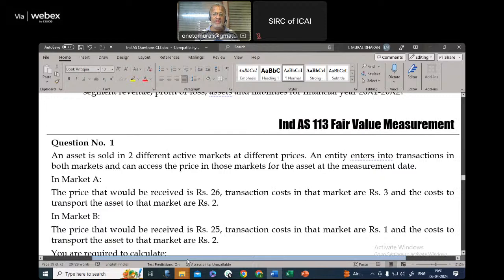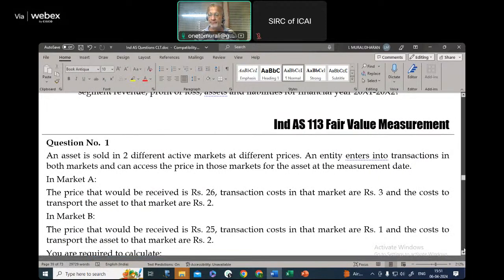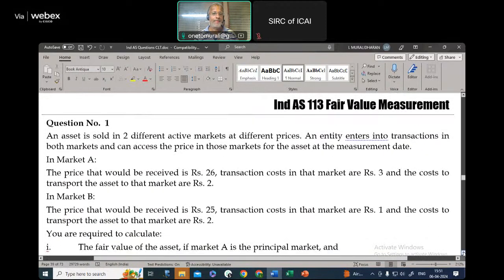IFRS 113 fair value measurement, question number 1. An asset is sold in two different active markets at different prices. An entity enters into transactions in both the markets and can access the price in those markets for the asset at the measurement date.